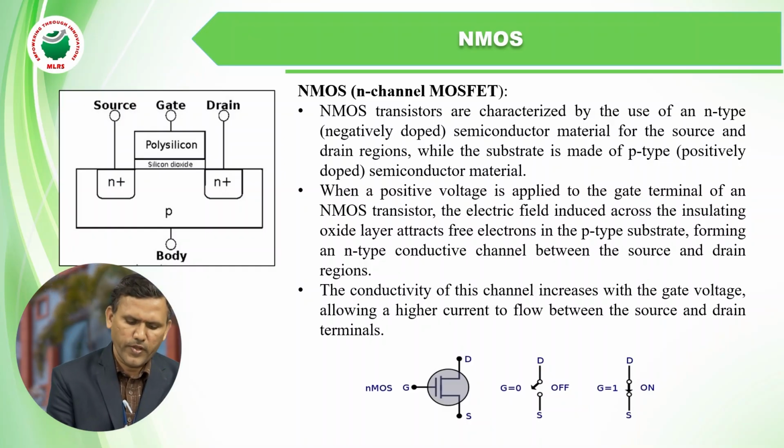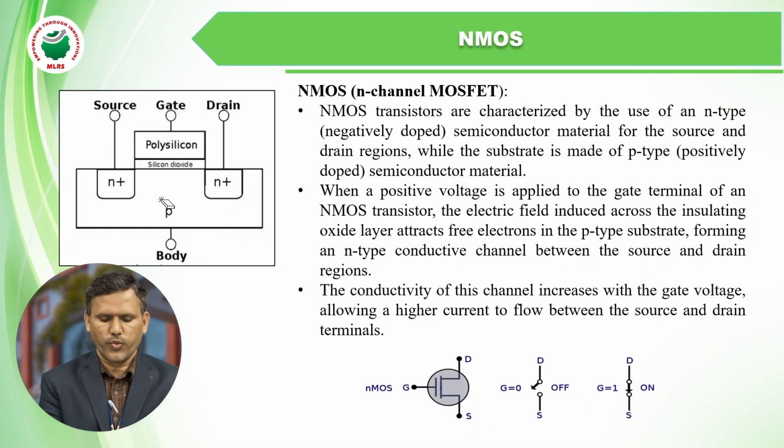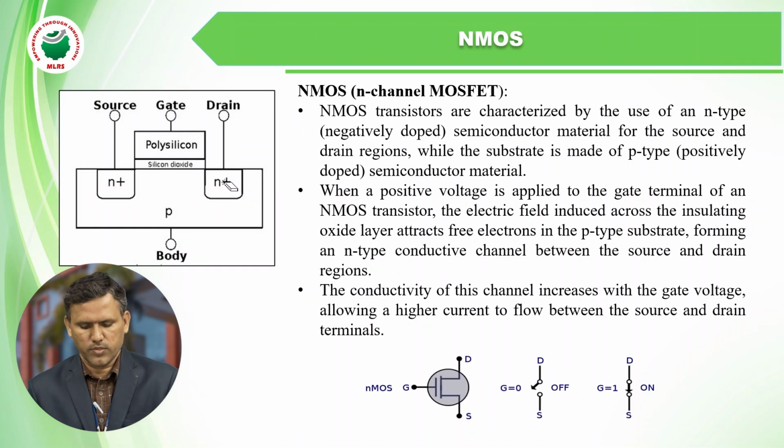That means whenever a positive voltage is applied to the gate terminal, the free electrons are attracted by the silicon dioxide layer, which forms the N channel between the two N-type materials. So that forms the N channel while a positive supply is applied to the gate.